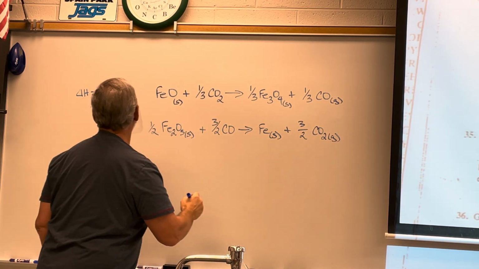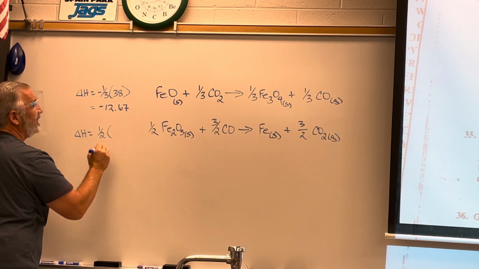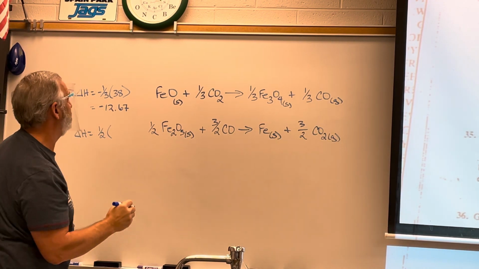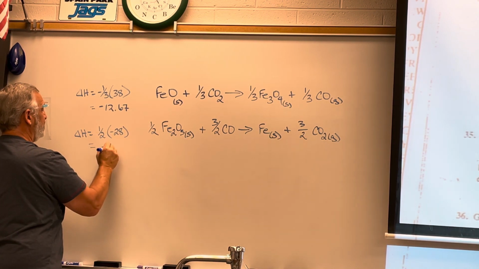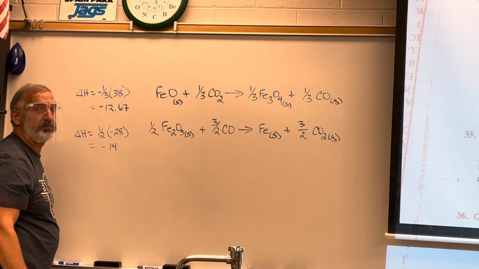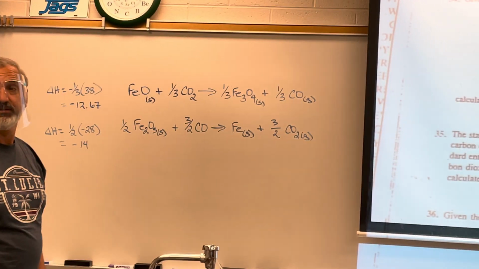So again, my delta H is going to equal 1/2 times the given value of negative 28. I can do this math pretty easily, it is equal to negative 14. All right, so now it really gets tricky.